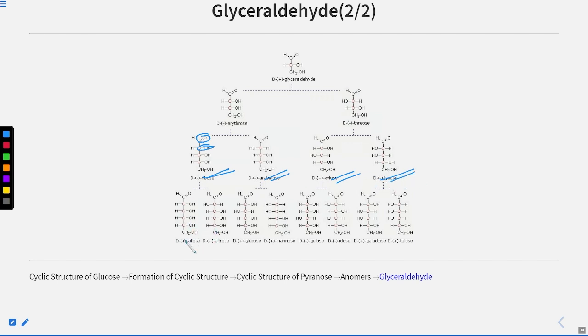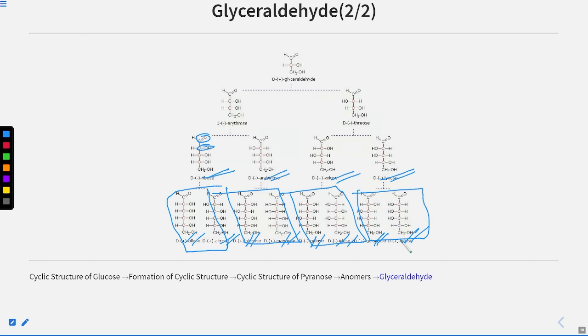Again, allose and altrose will have the same. Then glucose and mannose will have the same. Then glucose and idose, and then galactose and talose. Just these two pairs will have the same osazone formation. Okay, clear?